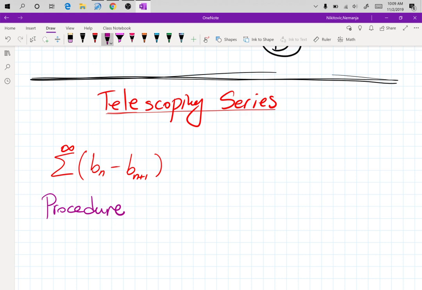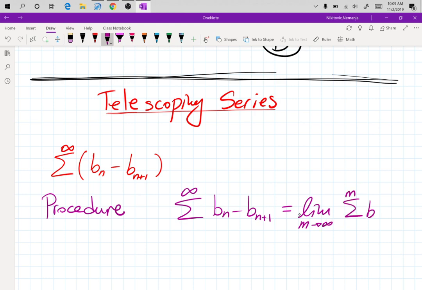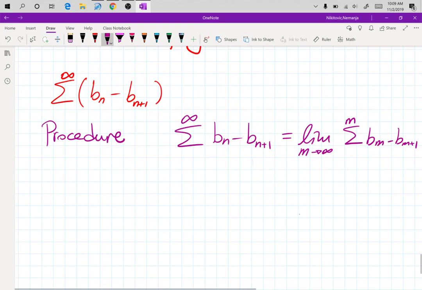You make your infinite series, Bn minus Bn plus 1 or whatever, into a finite series, say up to M, and then you send that to infinity. It doesn't make a lot of sense until we do the example.